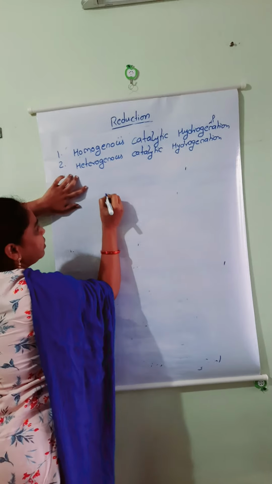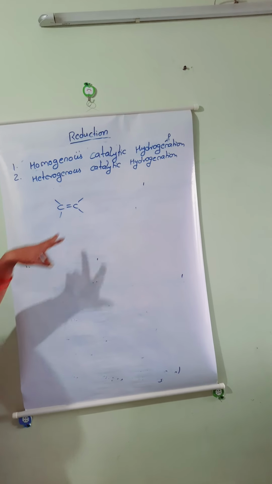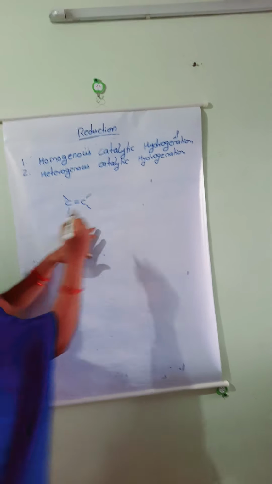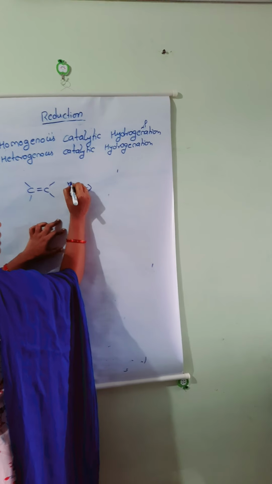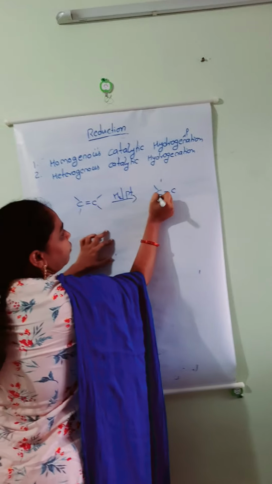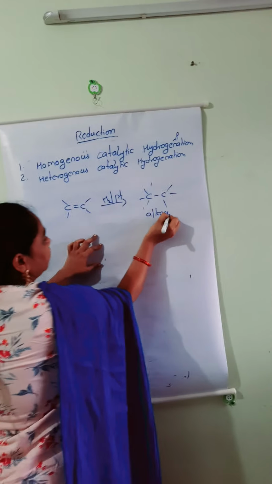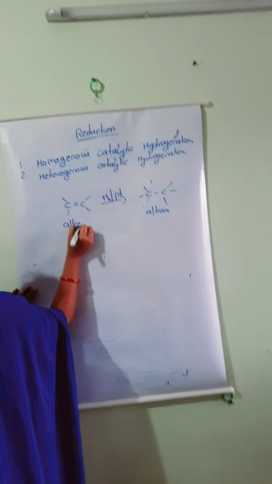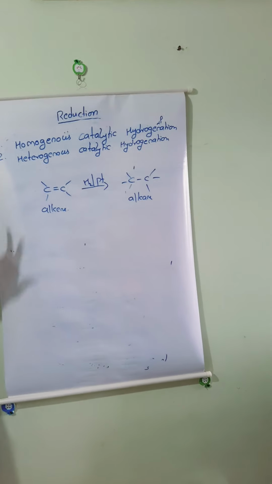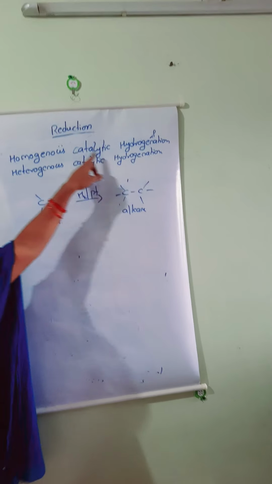So, what is hydrogenation? Addition of hydrogen to a pi bond containing compound is known as hydrogenation. If this takes place in the presence of a catalyst, we will get the alkane.